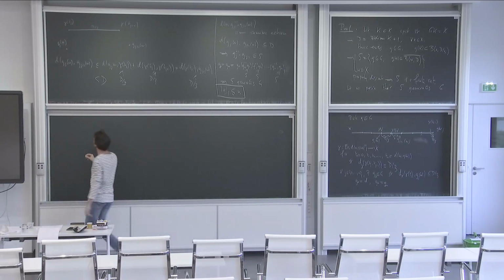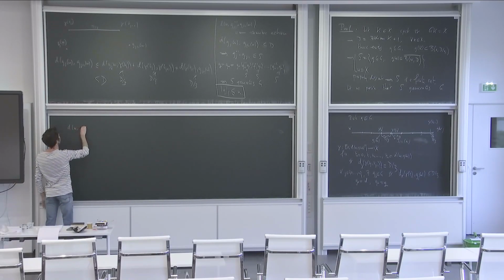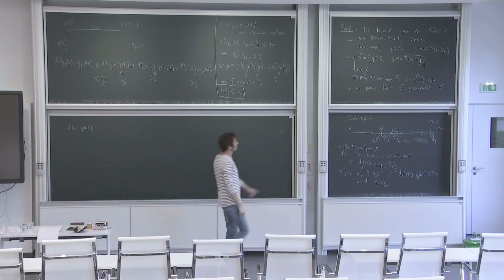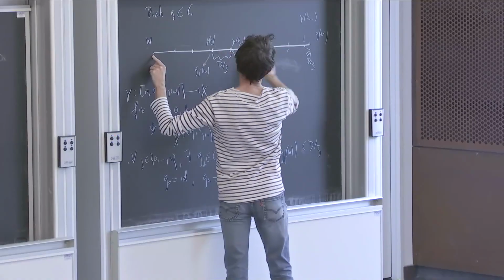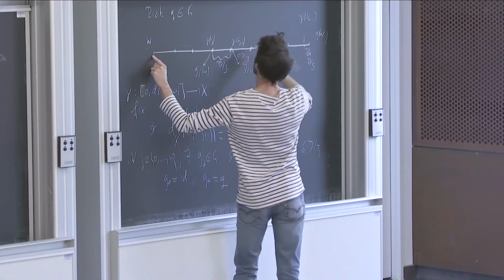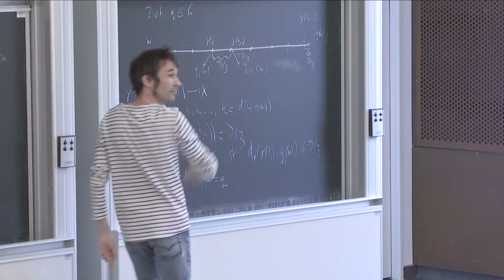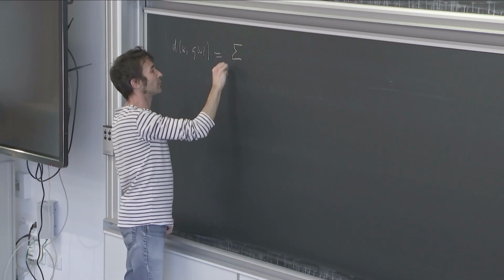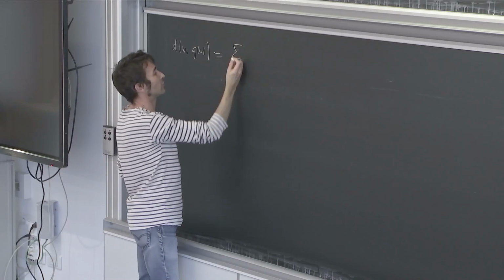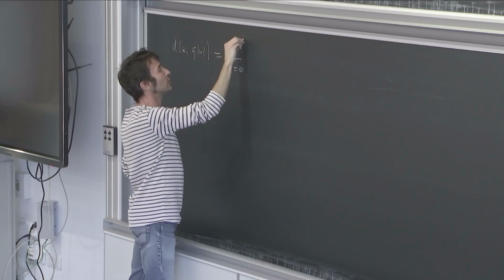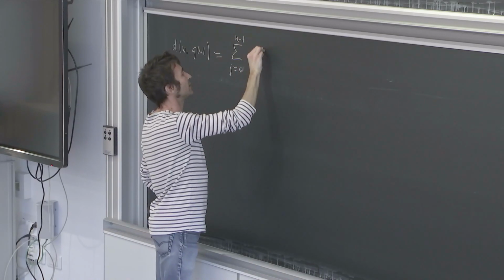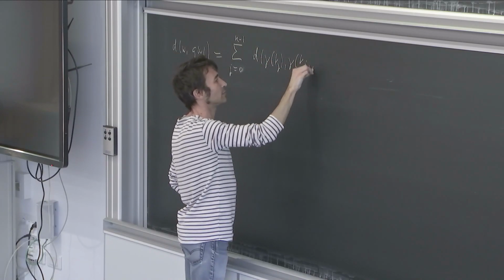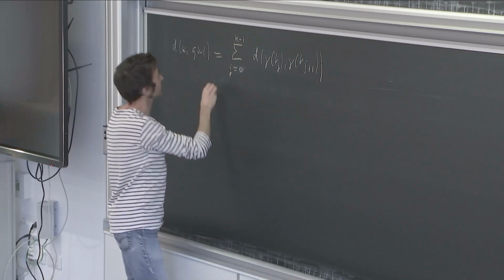So I start with the distance of W to G of W. So by definition here I have a geodesic. So I can decompose this distance into a sum of distances with midpoints. So this is equal to the sum from j equals 0 to n minus 1 of the distances of gamma Tj to gamma Tj plus 1. So this is because it is geodesic.